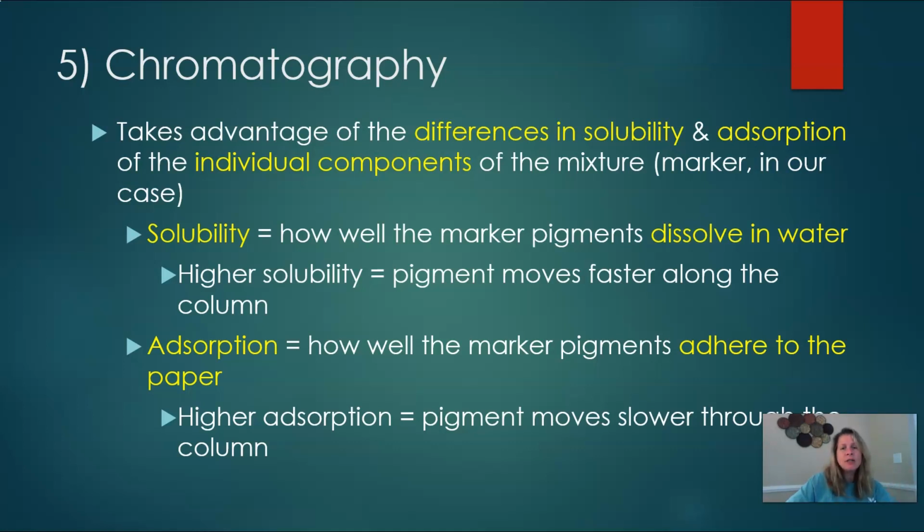So you take advantage of the differences in solubility and the differences in the way those pigments want to stick to the paper. Some want to stick to the paper and don't want to move. Others don't want to stick to the paper so much, so they will freely ride up that paper with the water as you're performing the chromatography.